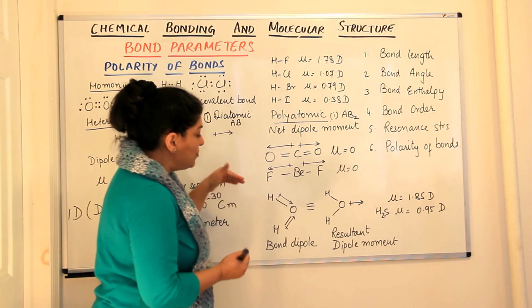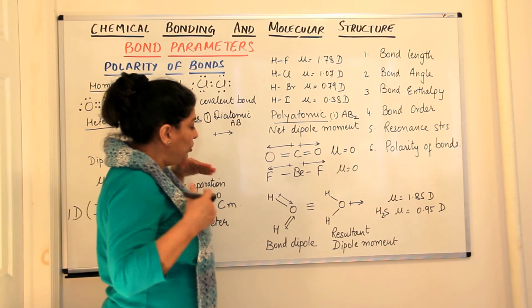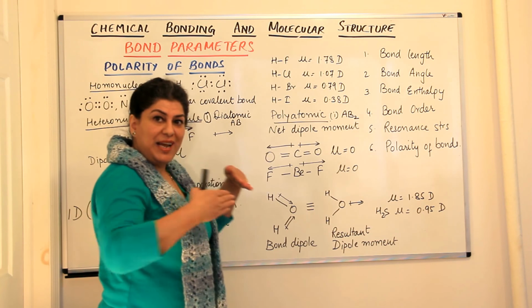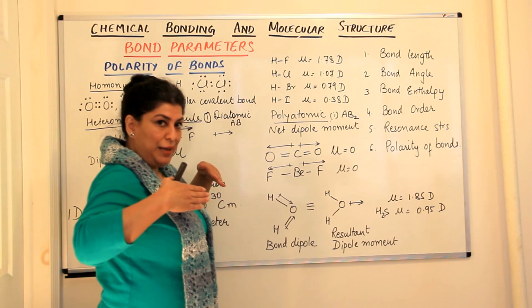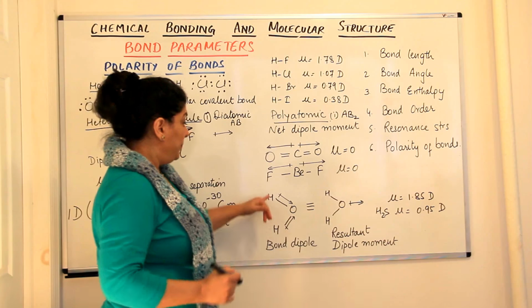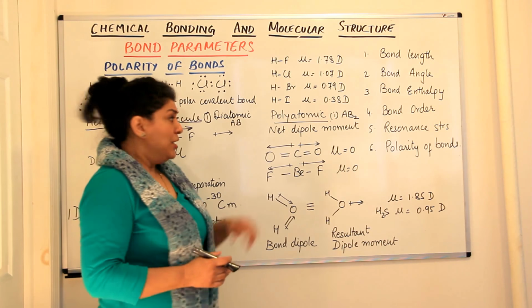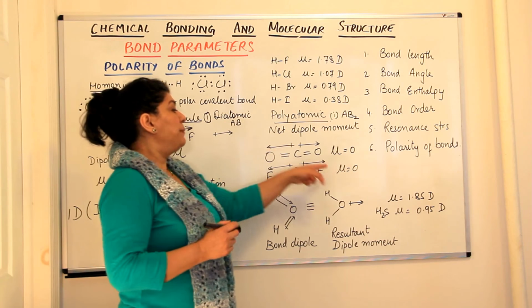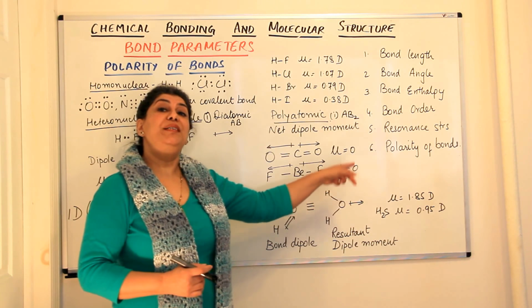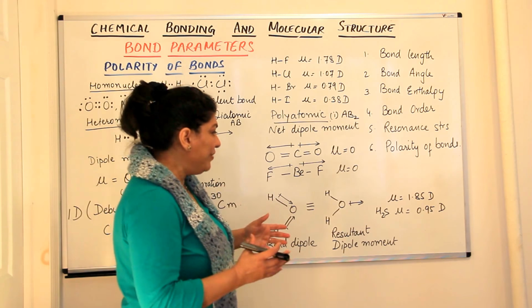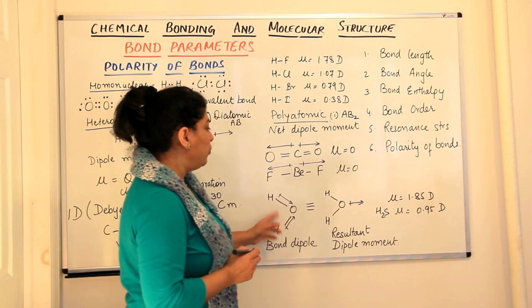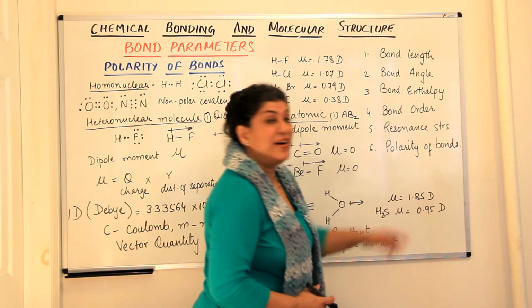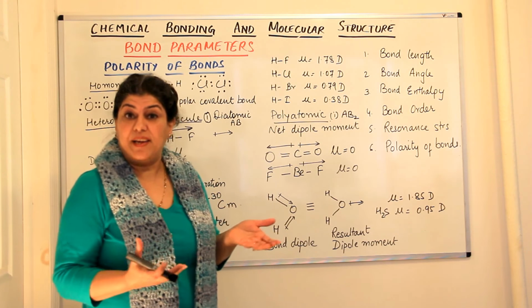Since oxygen is more electronegative, both the hydrogens' dipoles should move towards oxygen and their magnitudes should be the same. So if the water molecule was linear, the net dipole moment of water should have been 0. But we find that the dipole moment of water is 1.85 D, which is pretty high.